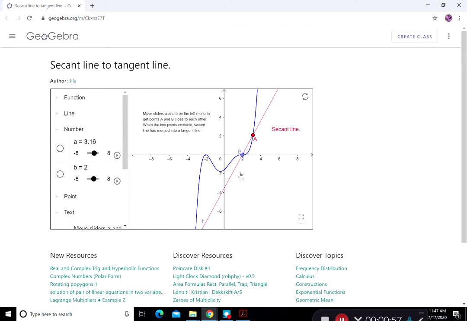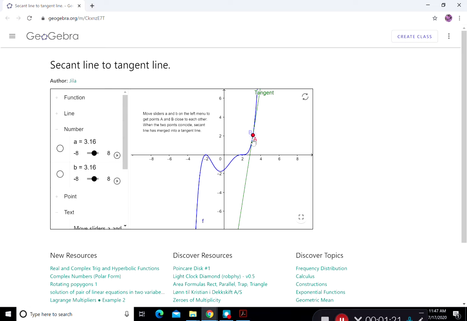What we discussed in 2.1 is that when the distance between A and B decreases, the secant line between A and B on the graph gets closer and closer to something that we call the tangent line.